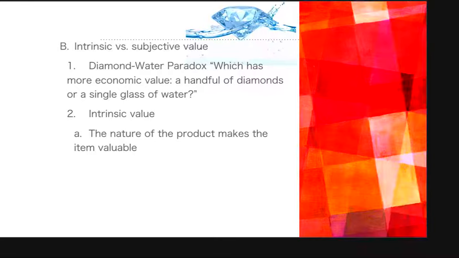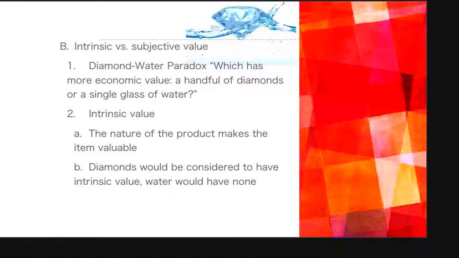We might say that has intrinsic natural value. And so that's why in this particular illustration, diamonds would be considered to have a lot of intrinsic value and the water none, because water is usually considered a free good.